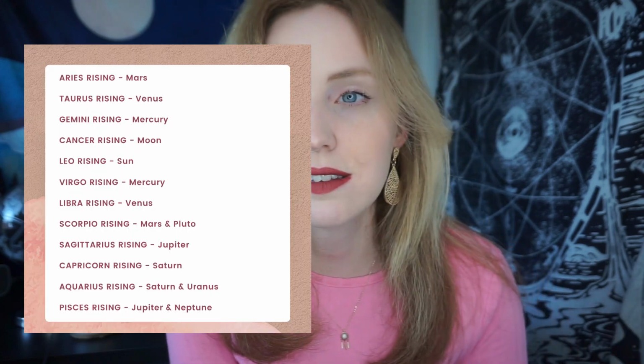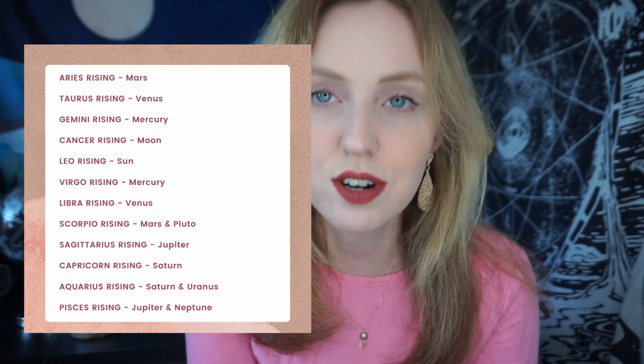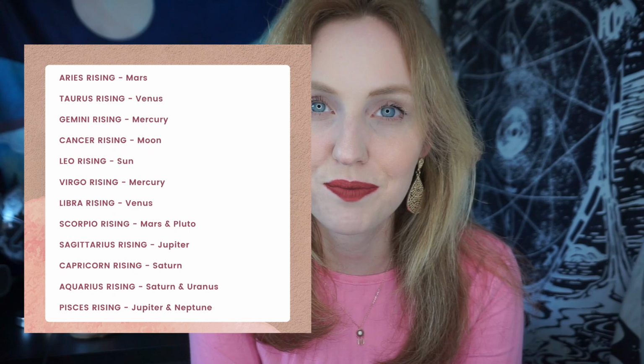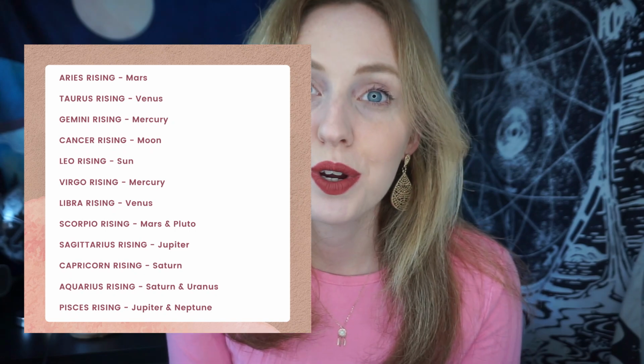The planet or planets that rule your AC, your ascendant, are known as your chart ruler or your chart rulers. So here's the list so you can find yours. I'm just going to add it to this video to make it easier for you. Essentially, once you know your rising sign, you can locate your chart ruler pretty easily.